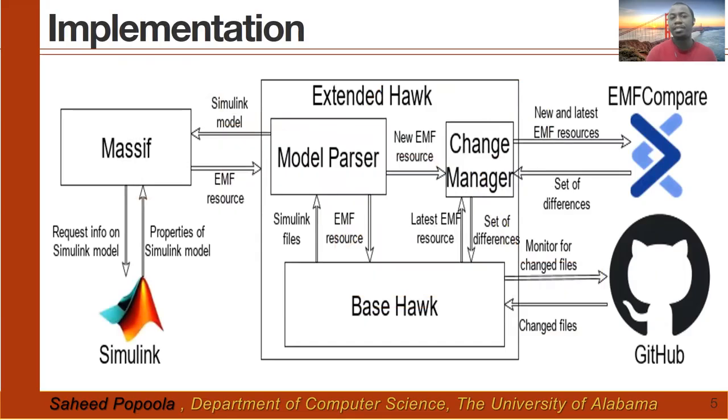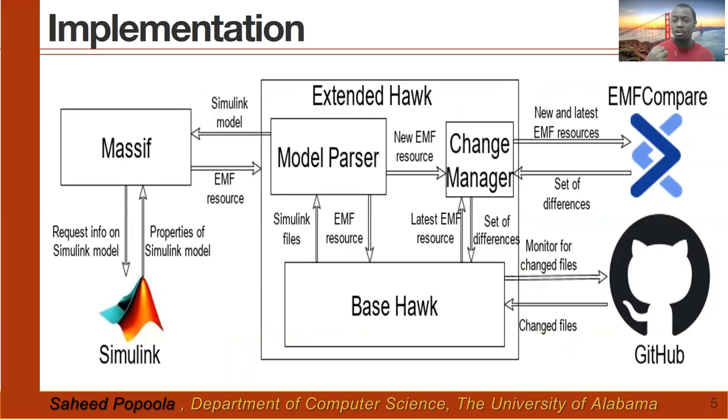So this is the implementation I used. I extended a tool called Orc using a model parser and a change manager. I used another tool called EMF Compare to get the changes between successive versions of models that are stored in GitHub repositories.